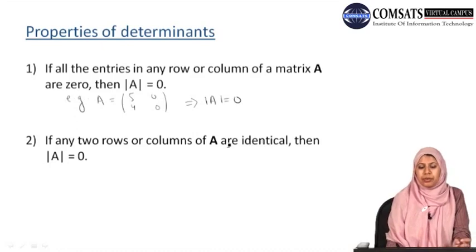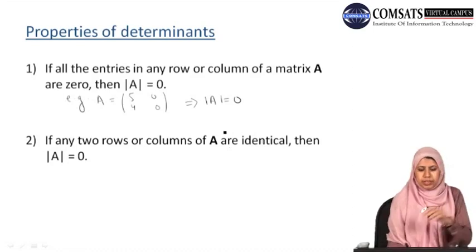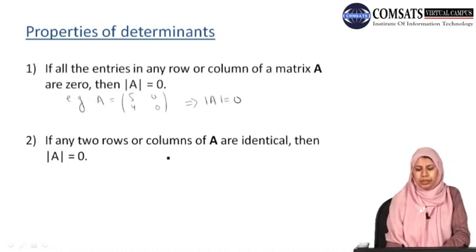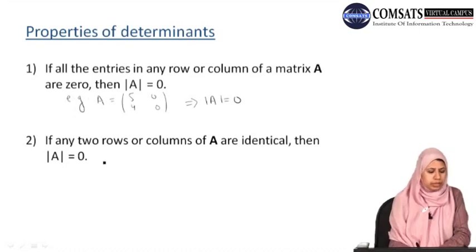That is, whenever we have a matrix with any row or column having all entries 0, the determinant will be equal to 0. The second property says that if any two rows or columns of a matrix are identical, then the determinant is again 0. What do we mean by this?